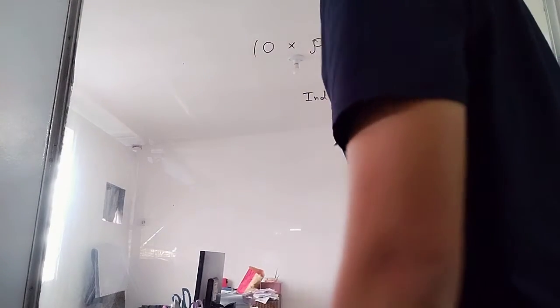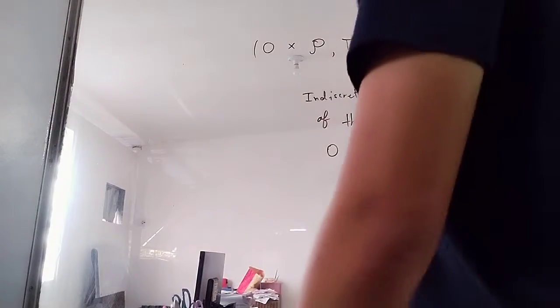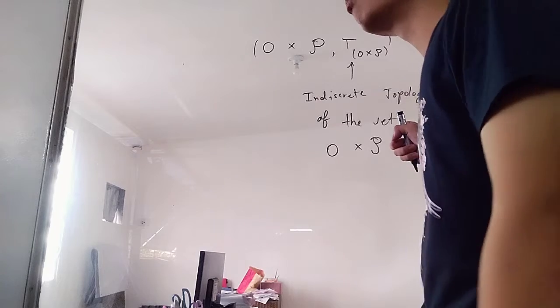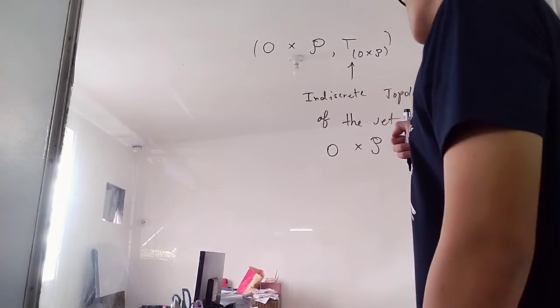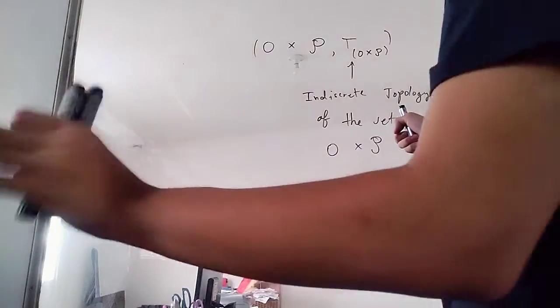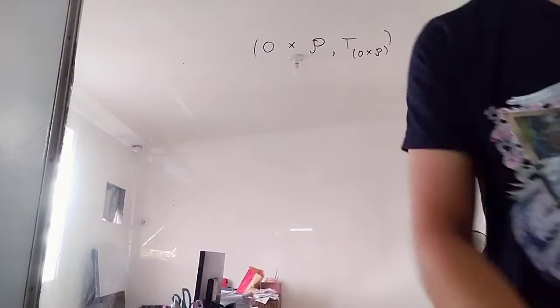This is the indiscrete topology of the set O times math cal P. I'm sorry for the noise in the background. I stated in the previous video that we're working with an indiscrete topology because a discrete topology is simple and rather boring. In fact, I want to define the topology on this product.